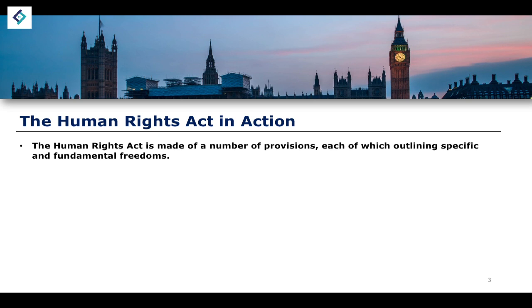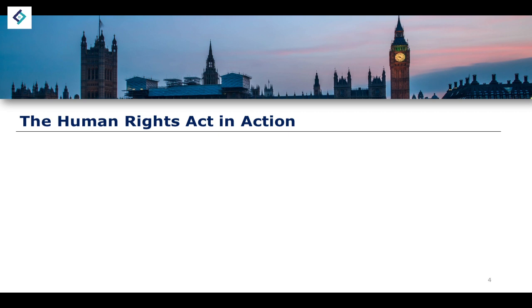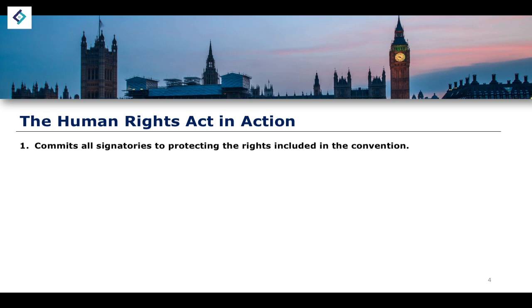Well, the Human Rights Act itself is made of a number of specific provisions, each of which outlines specific and fundamental freedoms. These are the provisions that encode the specific rights of the Human Rights Act. They're not necessarily the procedural provisions, which relate to things like declarations of incompatibility. So, essentially, the first of the provisions commits all the signatories to protecting the rights which are included in the Convention.